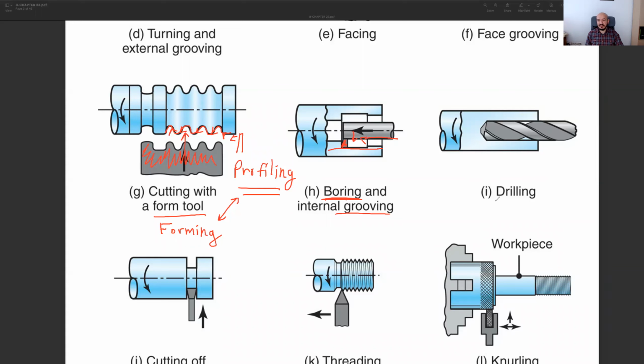And in the conventional drilling, by the way, what we do, we put our workpiece on a table, workpiece is stationary, and then our cutting tool drill is rotating, and it goes into the workpiece and removes material. But if you want to perform drilling operation on the lathe machines, you cannot rotate this one. This is not rotating, okay? I'm sorry. This is not rotating.